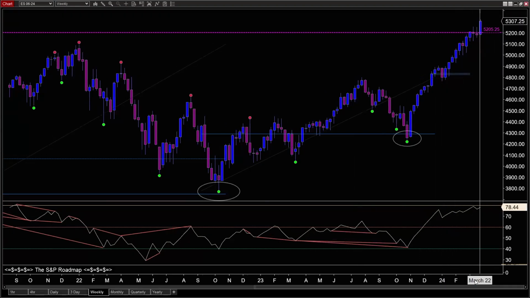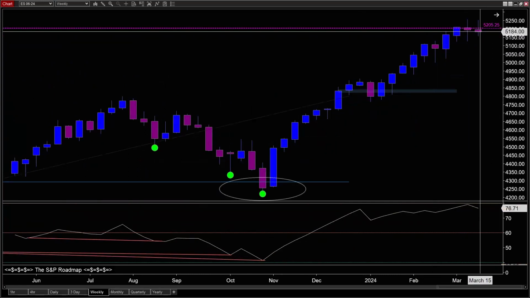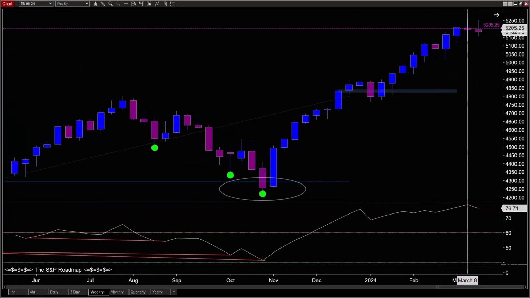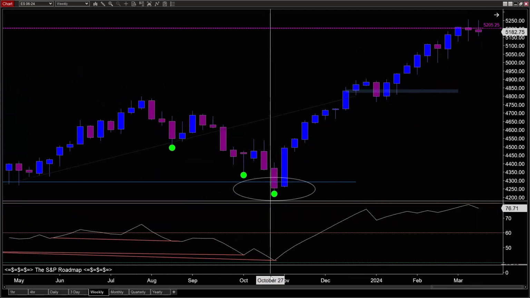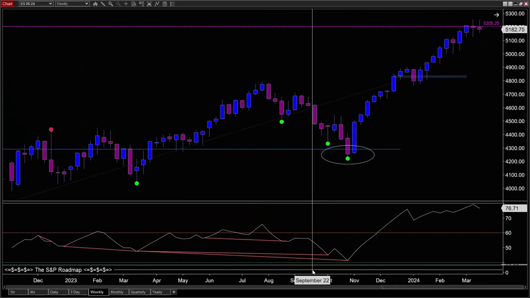However, last week, if you look at the candlesticks, we were getting clues for a potential pullback, given the fact that we had a lot of large wicks to the upside, right? And I'm not going to take time to get into the minute details of my strategy.